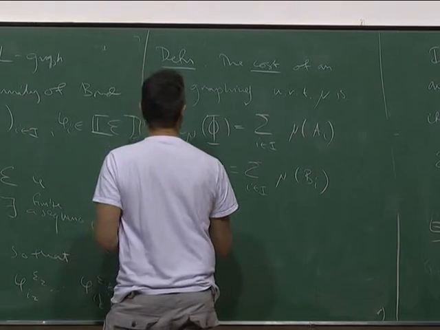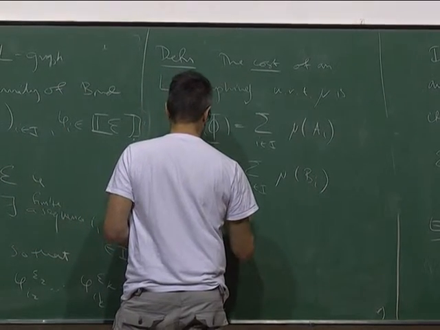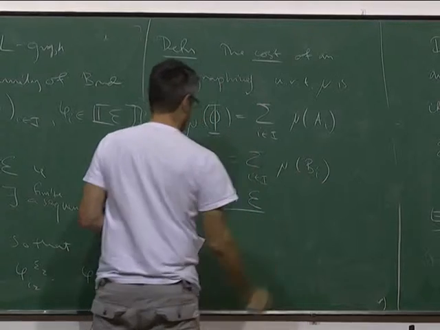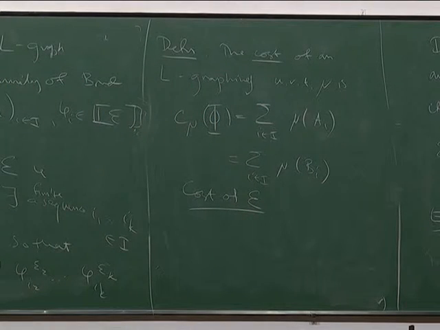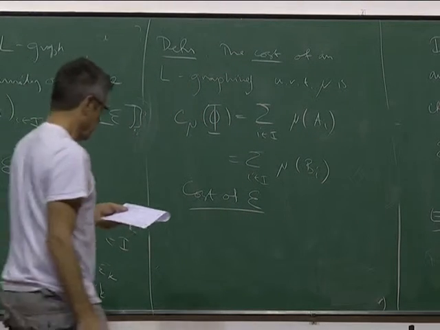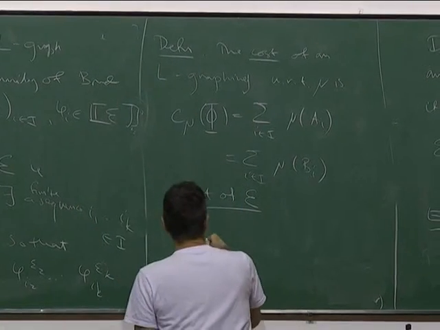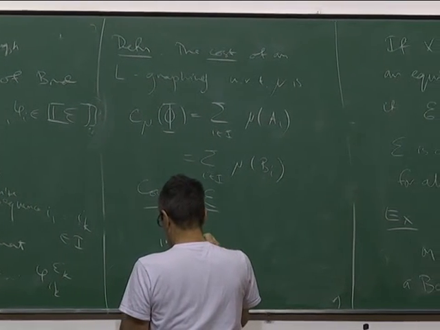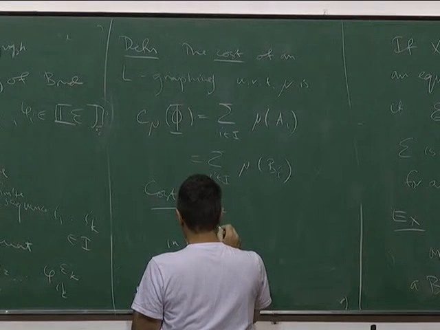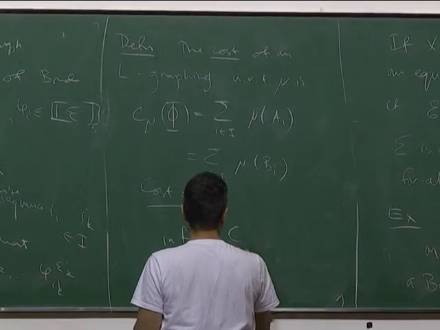And the cost of E, so E is some equivalence relation. What do I mean by the cost of that? I mean the infimum over the costs of all possible graphings.